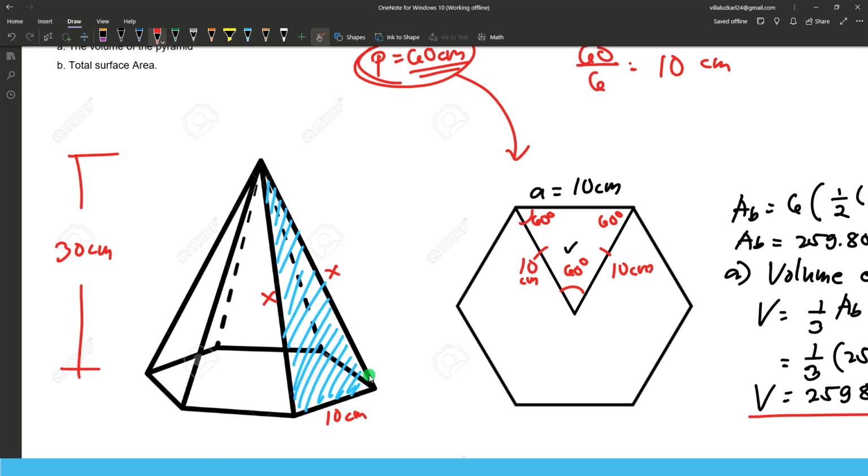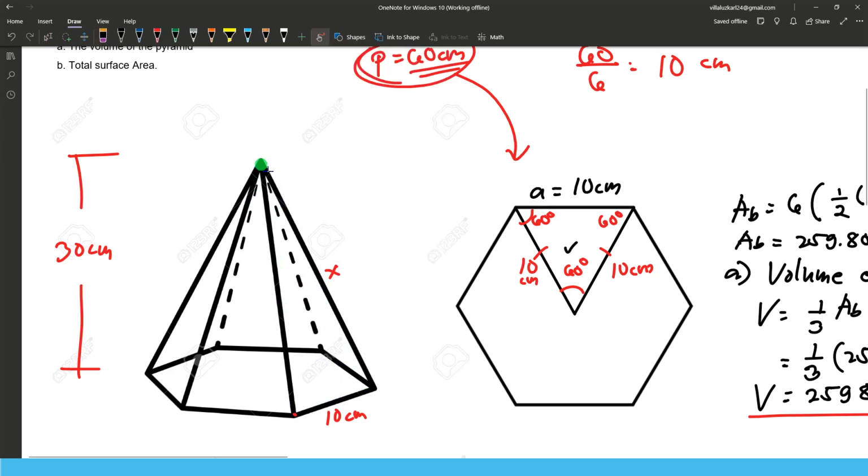It is not possible for us to determine the area since we don't know this distance x from the vertex of the pyramid. So let's determine that x first. How can we determine that x?